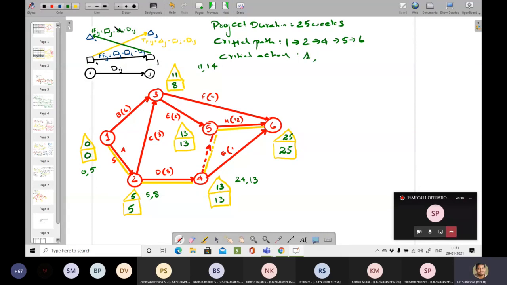Okay, now quickly try to calculate the float values. Sir, all three floats for each activity, sir? Yes.